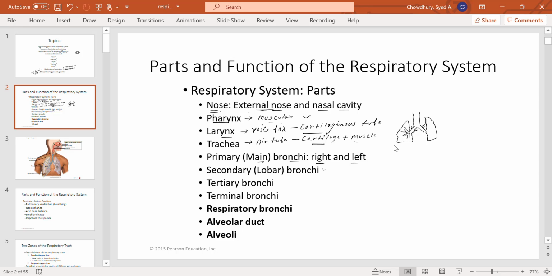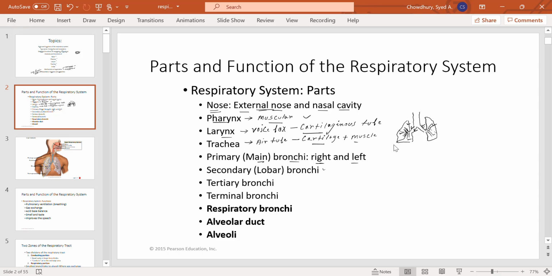In the right lung, you have three lobes, right? So this is 1, 2, 3. And for three lobes, three secondary or lobar bronchi are formed. In your left lung, you have two lobes. So you have two lobar bronchi.